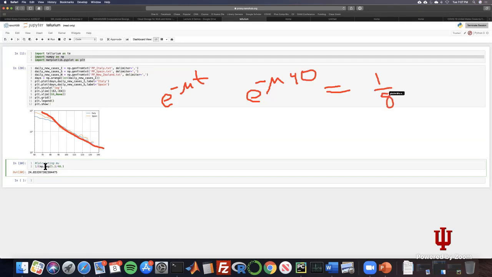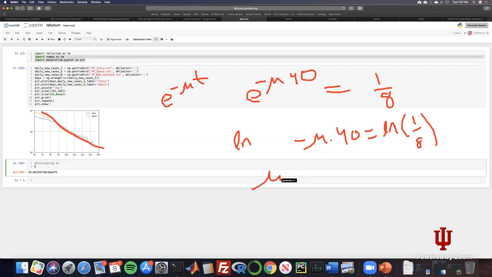To get mu, I take the log of both sides. That means minus mu times 40 is equal to log of 1/8, or mu is equal to log of 8 divided by 40.